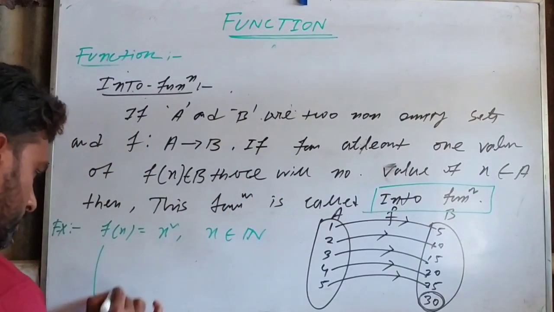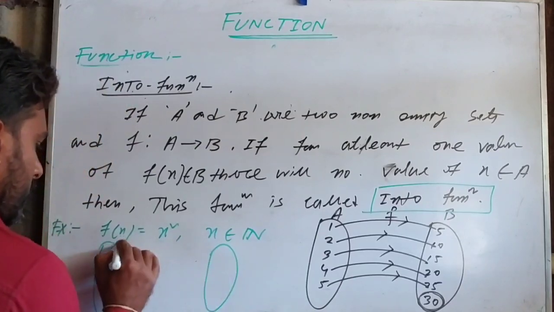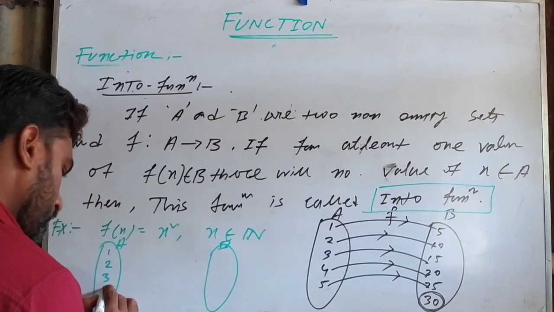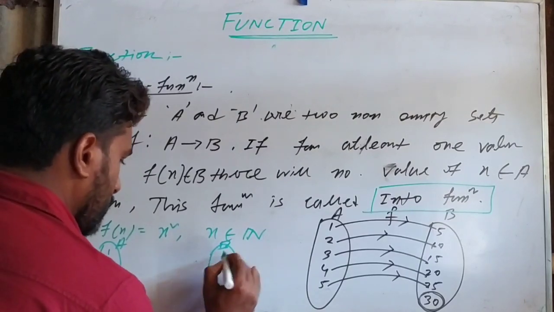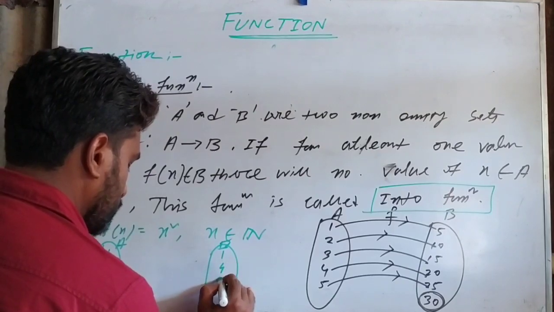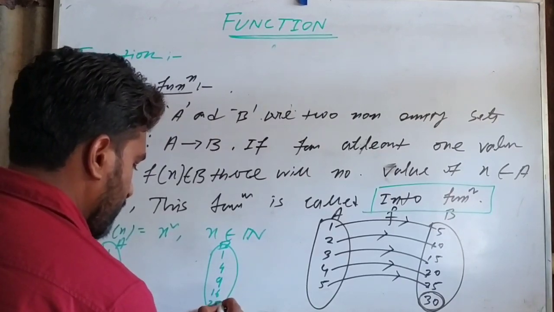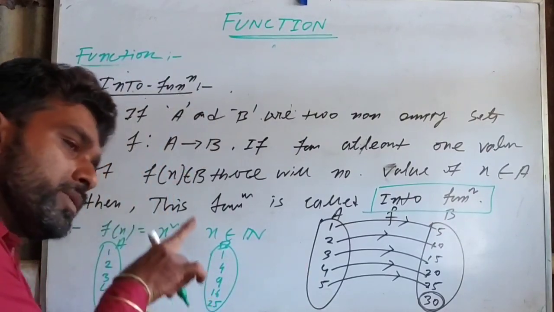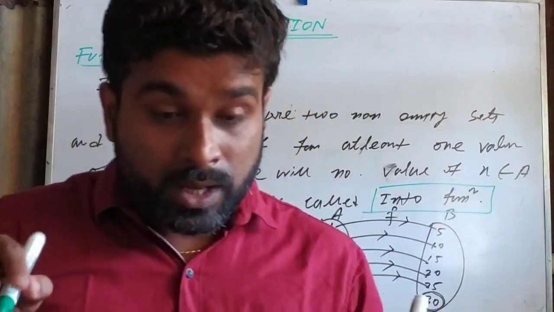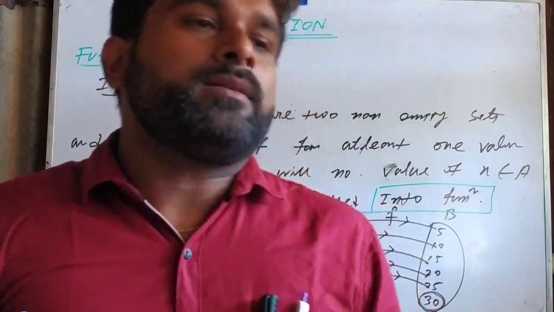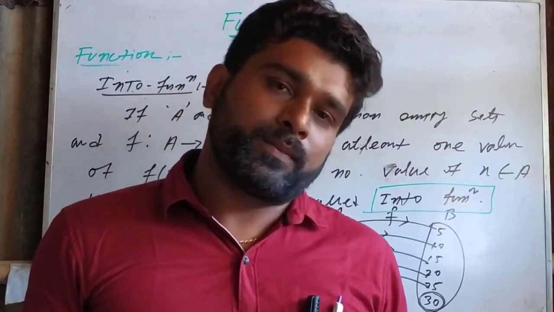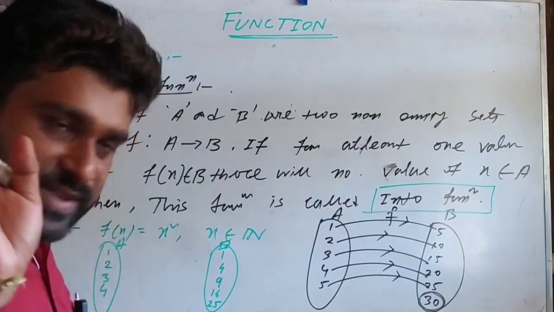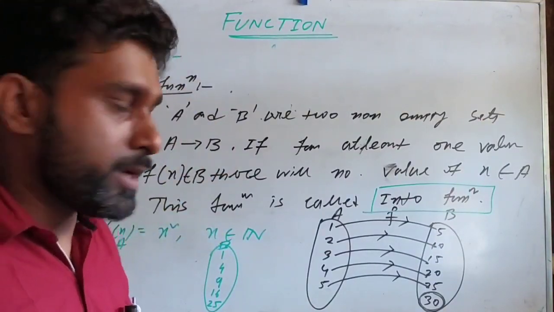Okay, so just you can see a and b, 1 2 3 4, यहाँ पर 1 4 9 16 25 है. ये दो सेट तुम्हें दिया जाएगा, तुम्हें एज्यूम नहीं करना है. ऐसे जो भी क्वेश्चन हो कि प्रूव दैट दिस फंक्शन इज दिस इनटू फंक्शन, देन the set will be given, two sets will be given. Okay, so you need not to be worried about that. So the sets, the two sets, the complete set will be given in the question as well.